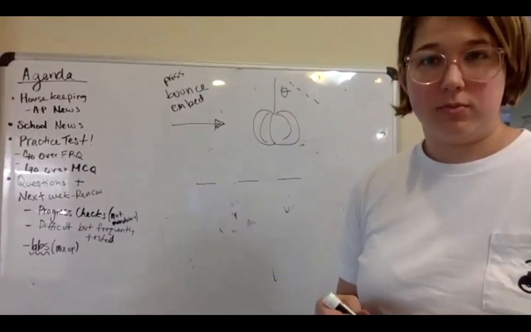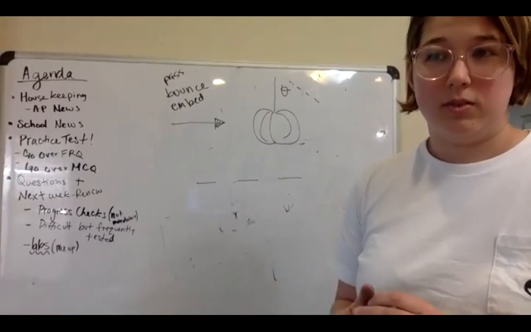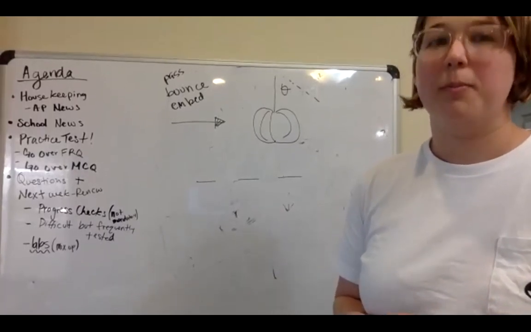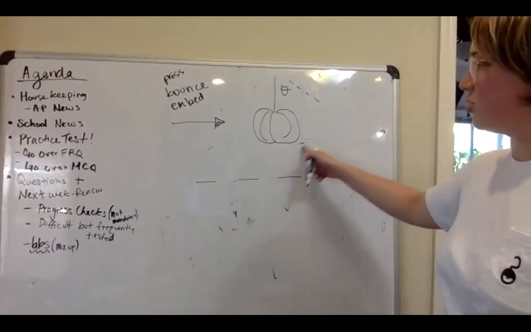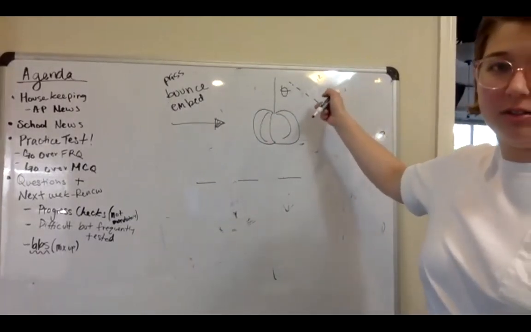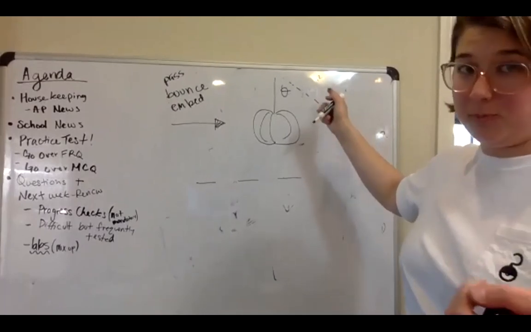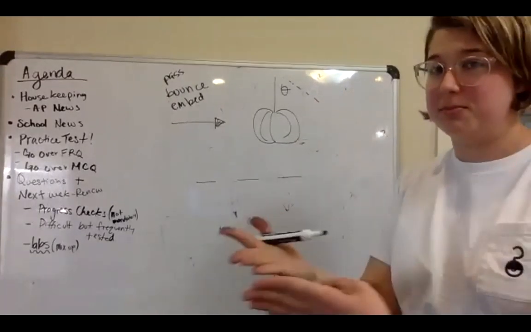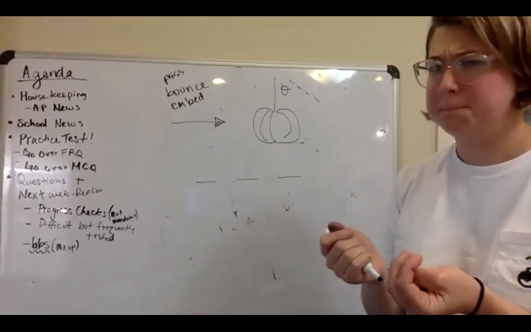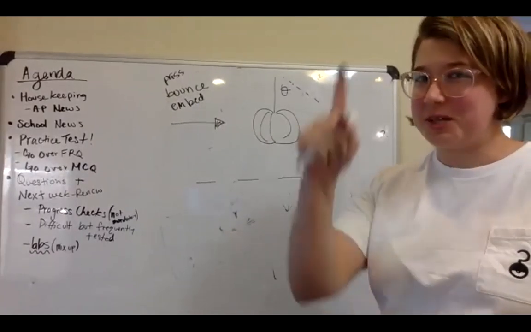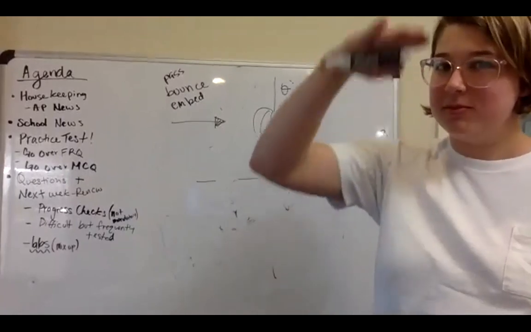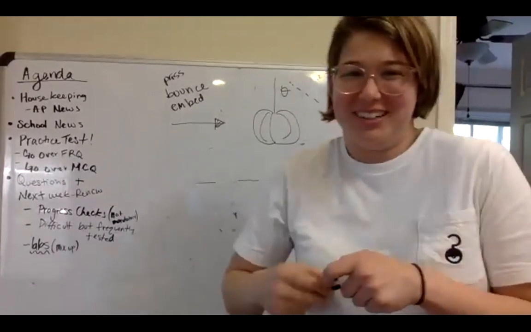Because energy is transferred to it into kinetic energy. Yep, and then that kinetic energy is transferred into how far up it goes. What type of energy is that called when it goes up? Potential, yeah.